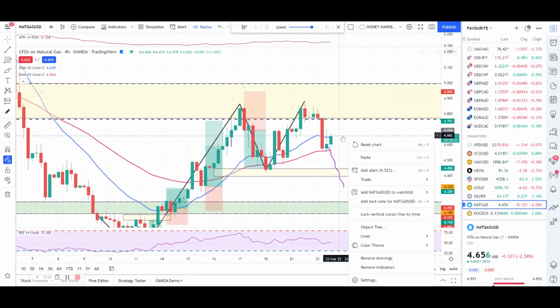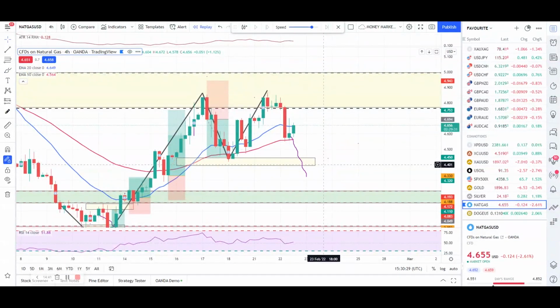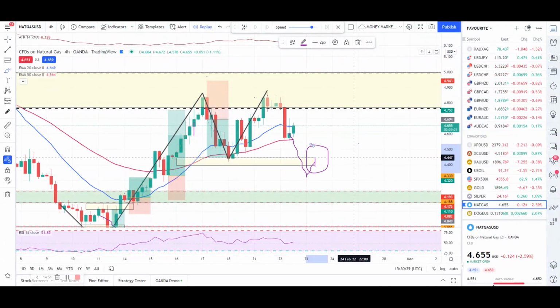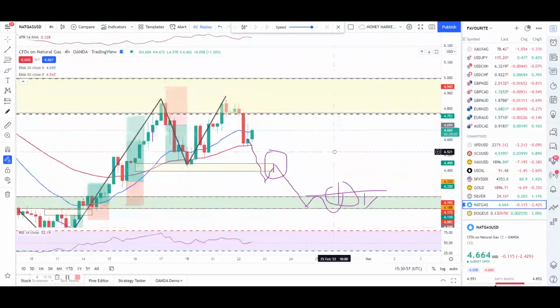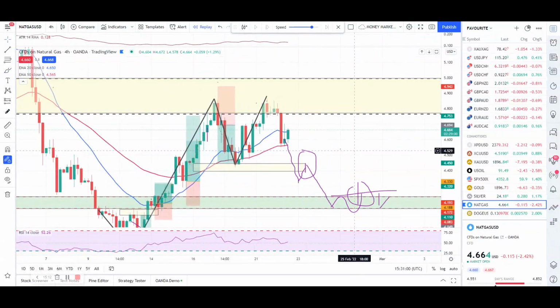Once we have a break of this neckline, which is around 4.396, I would look for a retest with an engulfing candle, and I expect another move down to this green zone, which is 4.224, and it goes down to 4.154. Once we hit this green zone, I will look for trades from here, either engulfer, pin bar, or double bottom moves, as you guys already know how I take my trades.